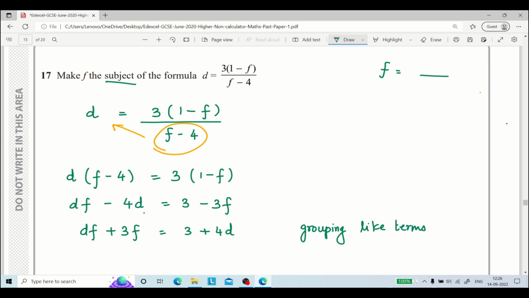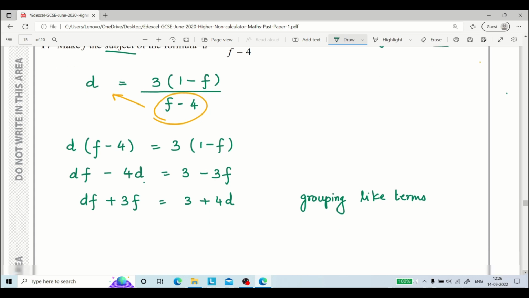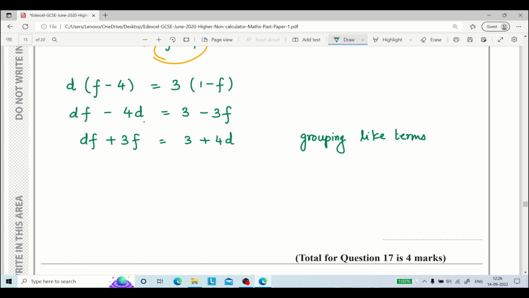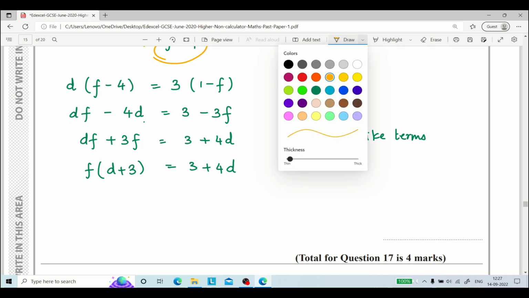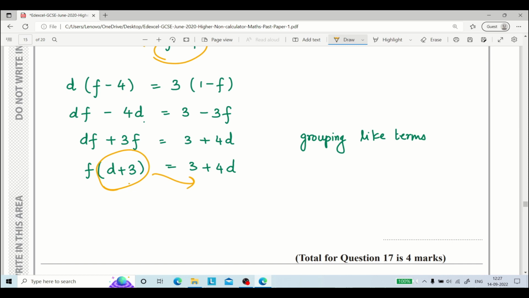Now, here, if I take f common, this will give me f into d plus 3 equals 3 plus 4d.